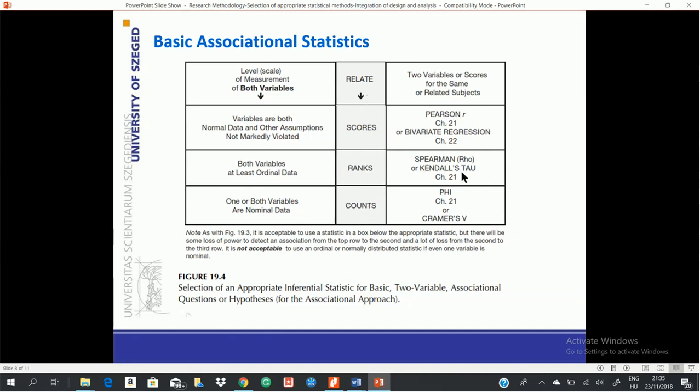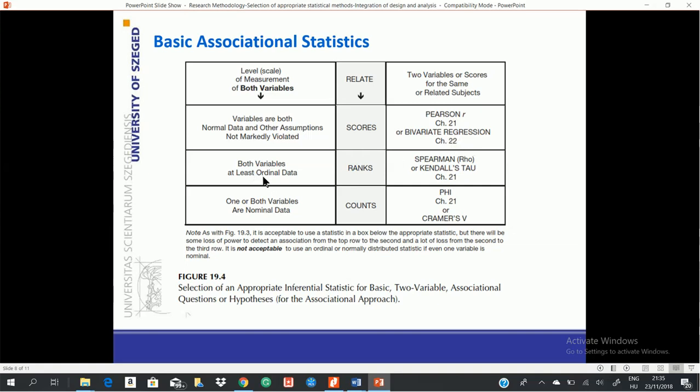This column is the kind of your test. You can learn these tests in chapters 21 and 22. For the first row, if your data is normal and fulfills all of the assumptions, to know the relation, correlation, or associational analysis, you can do Pearson or bivariate regression.